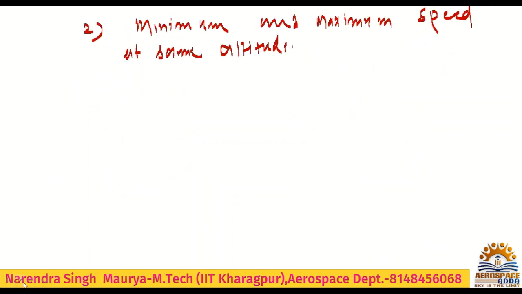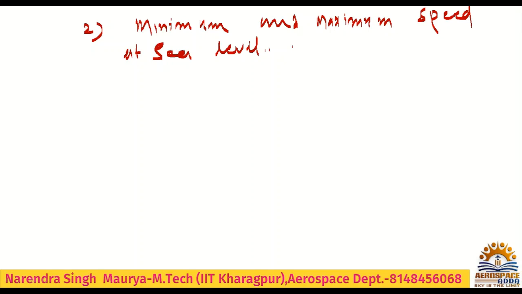Sorry, at sea level. Okay, at sea level they are asking. At sea level. So I had shown maybe in 2021, that time also they had asked minimum and maximum speed.